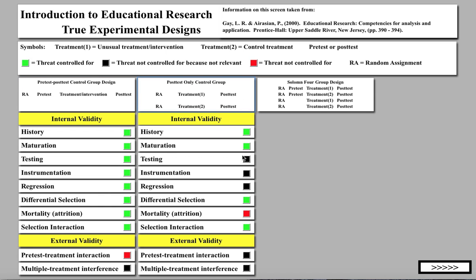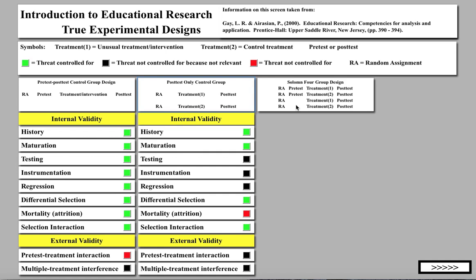And you can see that this controls for almost everything except mortality. So if participants left the group, we would not know what characteristics they had because we have no pretest data, and that possibly could influence the results. But this is a very, very strong design also.